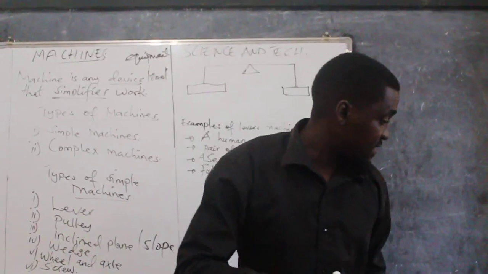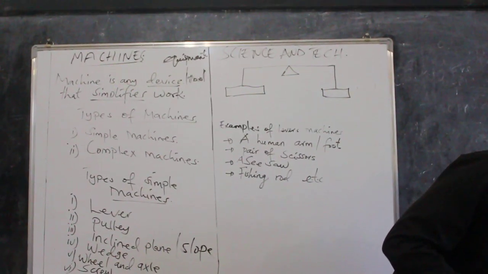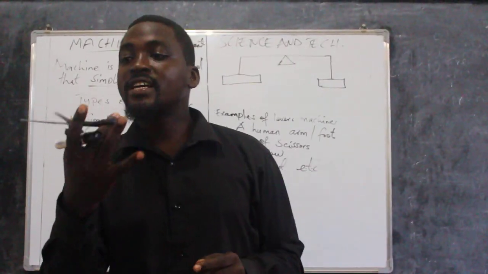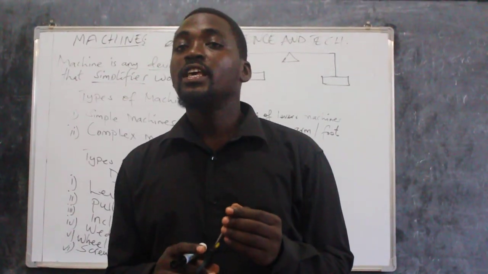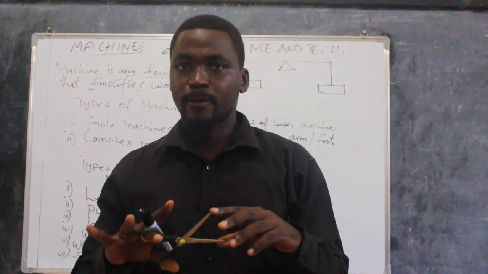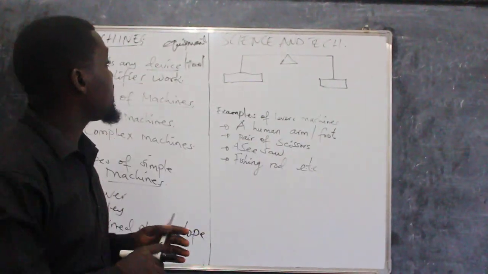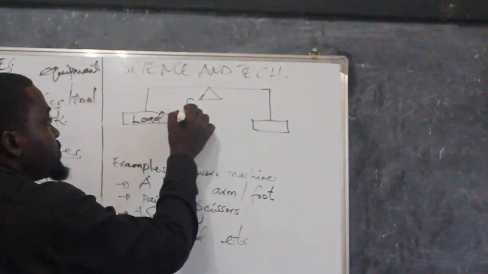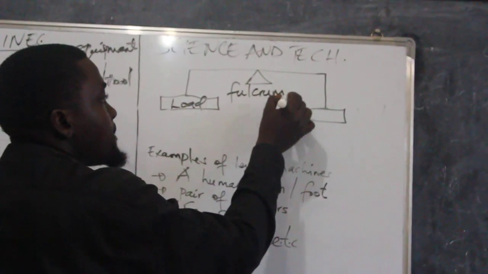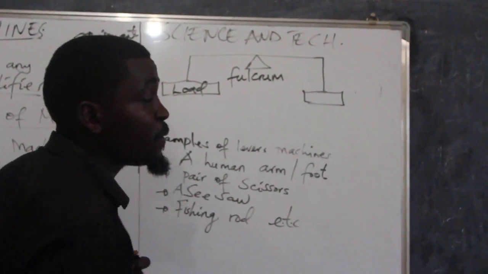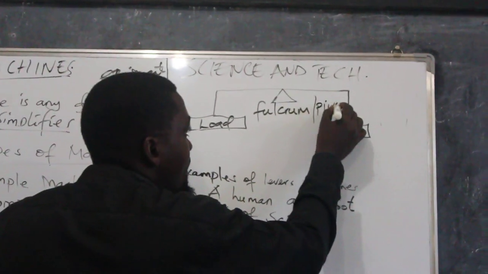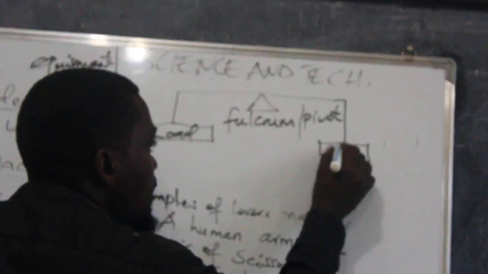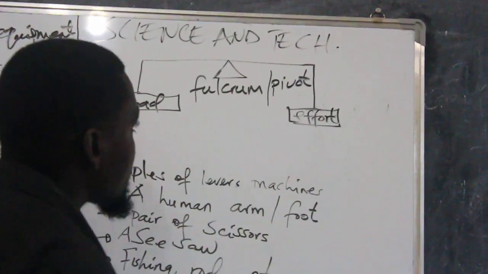Another thing that I've brought here is a scissor. A scissor is a good example of a lever because it has three parts. A lever has a load, a fulcrum, which is sometimes called a pivot, and the other part of the lever is called the effort.